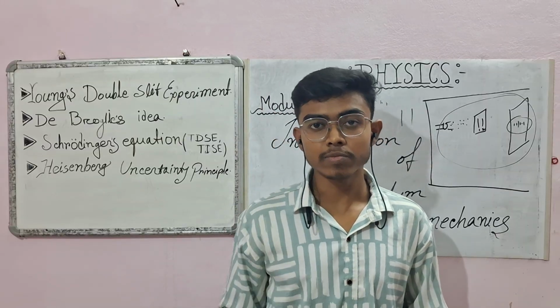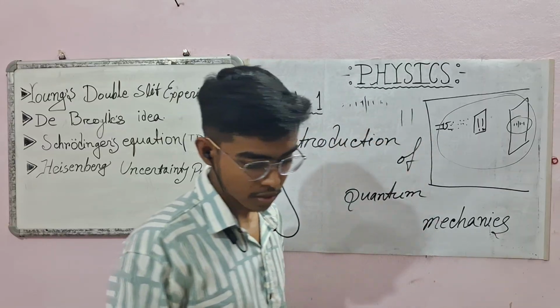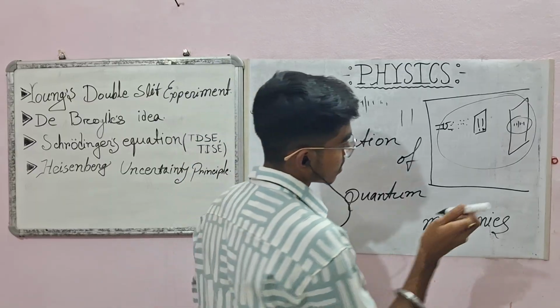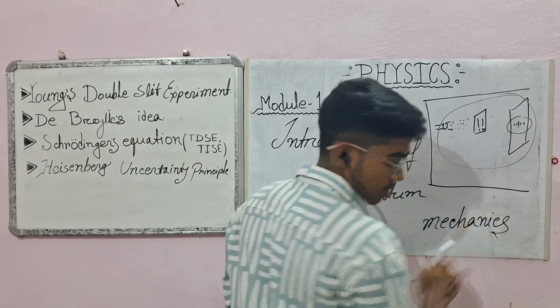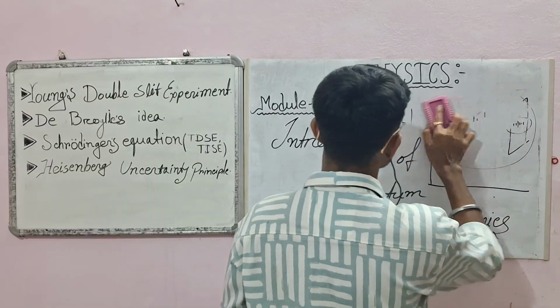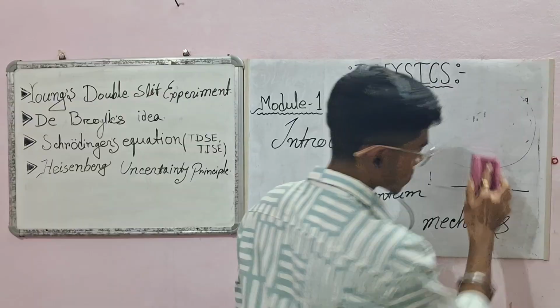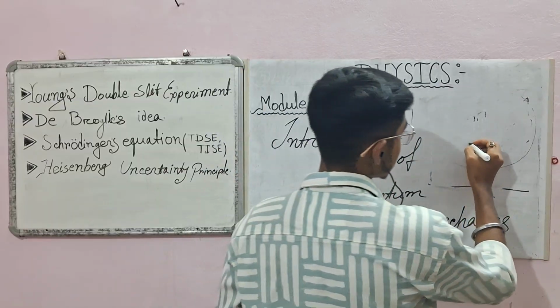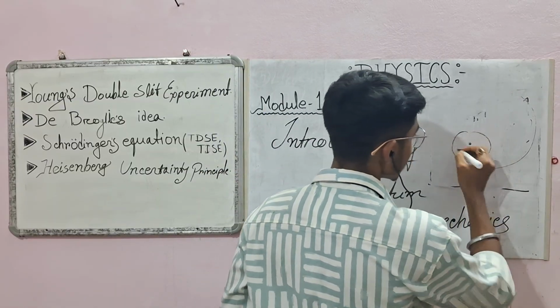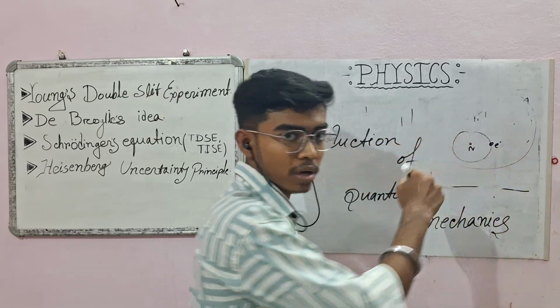And this marker is moving, and this marker also has wavelength. Electrons are moving around the nucleus, so electrons also have wavelength.